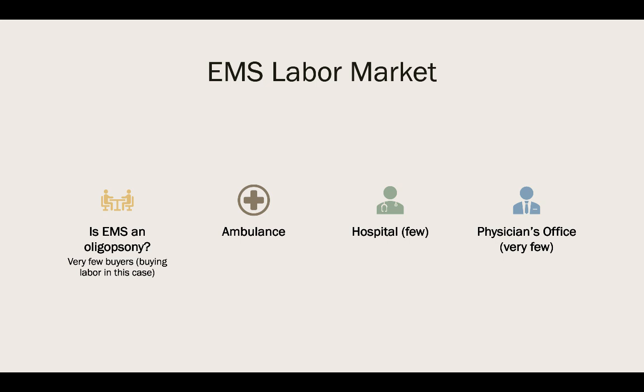So oligopsonies are kind of the other side of monopolies. If you think of a monopoly, there are a number of buyers, but there's only one seller. So if we have, let's see, a cell phone provider monopoly, there are lots and lots of us that have cell phones, so there are lots of buyers.